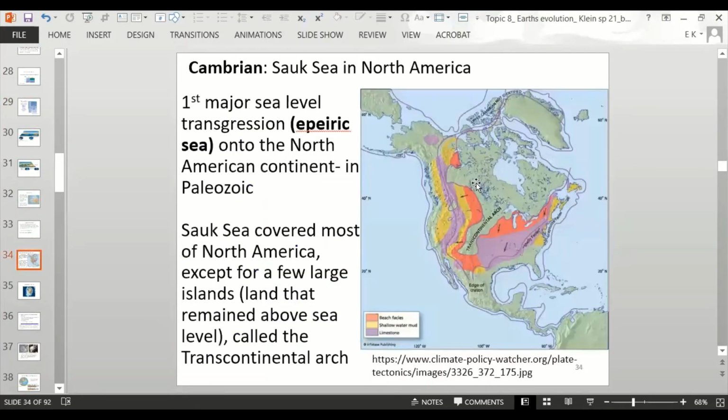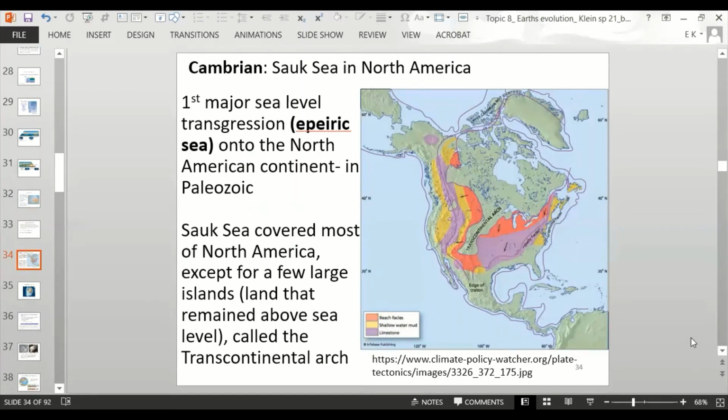So here is that Sauk Sea. This is the first major sea level transgression, or the formation of an epeiric sea onto the North American continent. The Sauk Sea covered most of North America, except for a few large islands, which were really just land that remained above sea level.